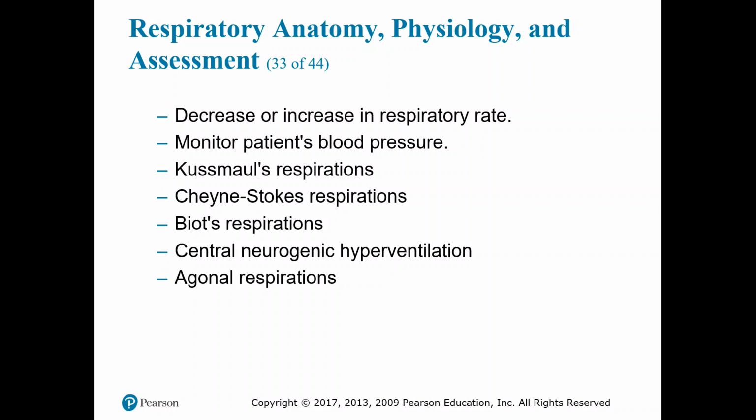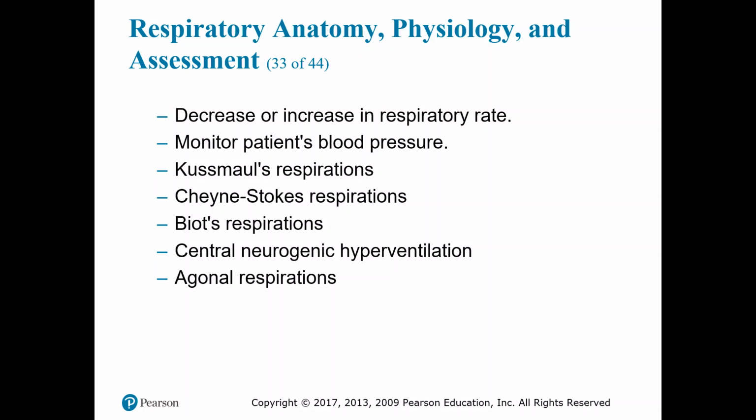Kussmaul is deep, could be slow or rapid, gasping breathing, commonly found in diabetic ketoacidosis. These are people you're going to see in DKA at the Kussmaul respiration stage. They are going to be very altered, if not unresponsive to you, is something you may see with them.